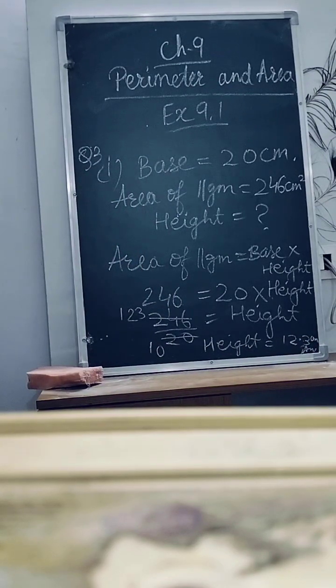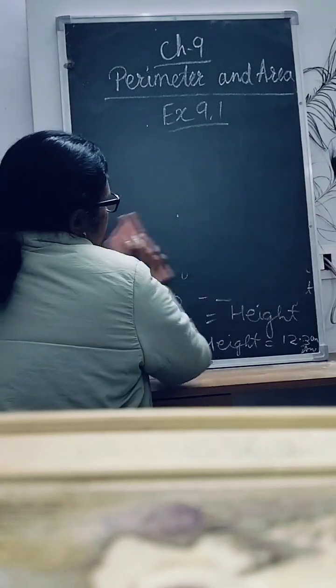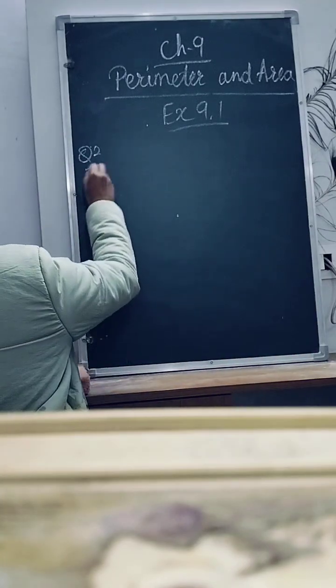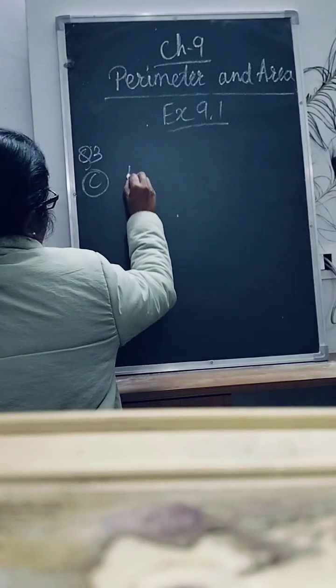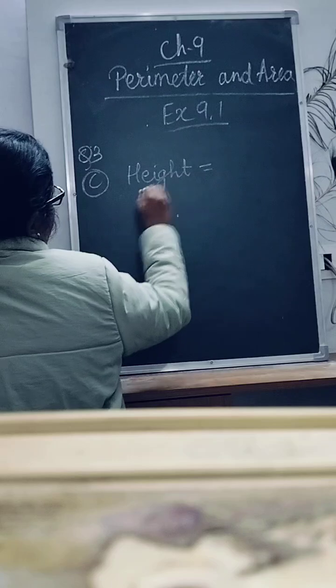Now let us find one more part of this. So let us do the C part, the C part of this question. Here in this question it is given: we have been given height and area.